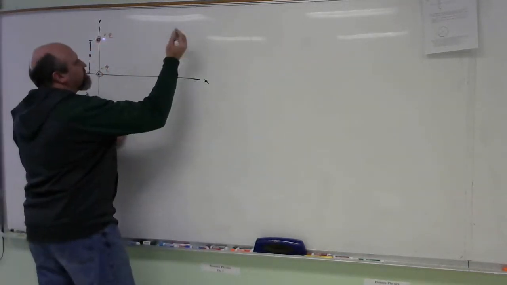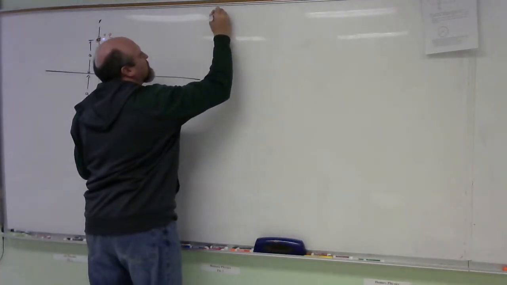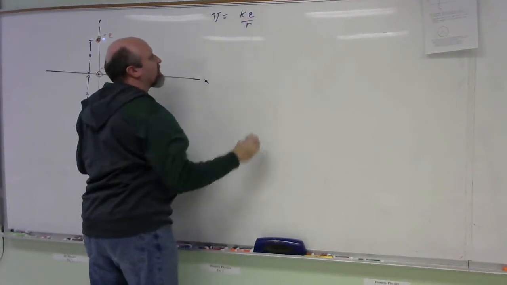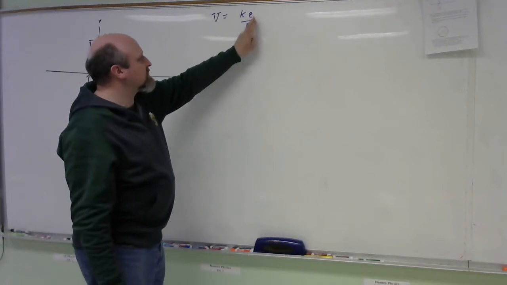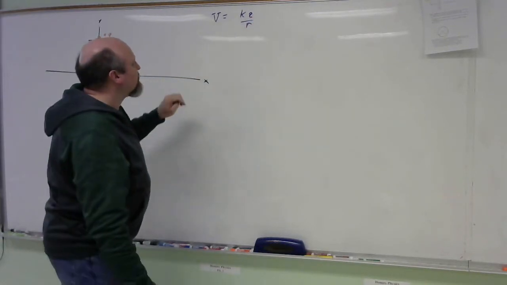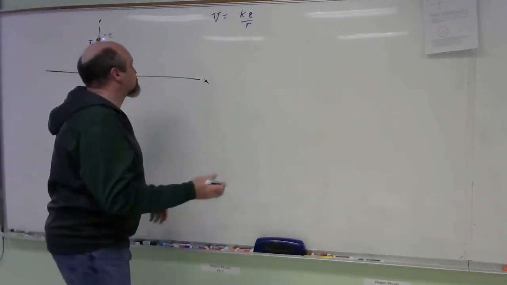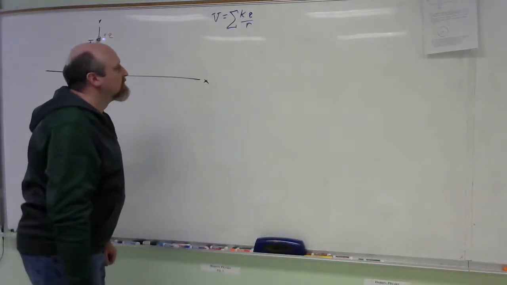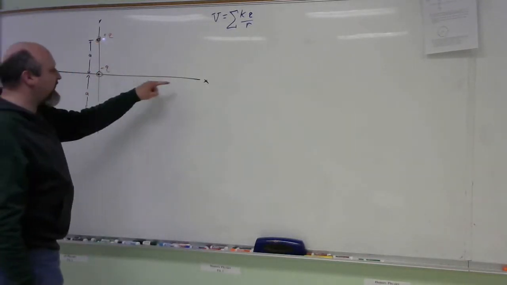I know that the formula for electric potential for a point charge is just kq over r, where q is the charge making the field, and r is how far away from that charge I am. If I have a bunch of charges, I just add up all the potentials. In this case, we're looking for a spot on the axis.